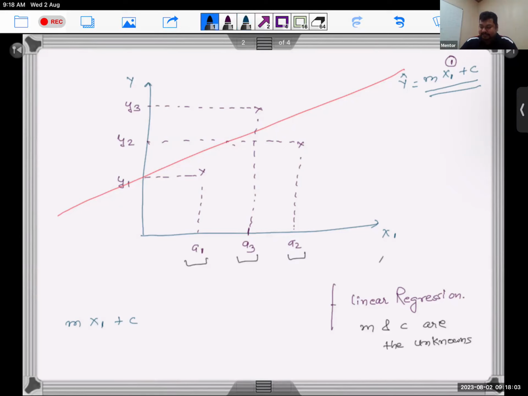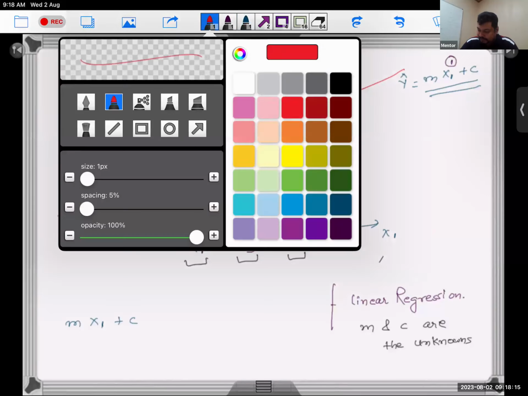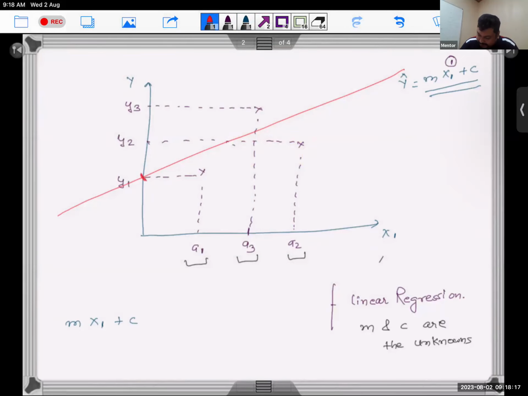This is called C, where you hit the y-axis. I should have drawn it a little differently, because it will coincide with y1. So this point where it hits the y-axis is called C. For any given line, C can be positive or negative, or it can be 0.